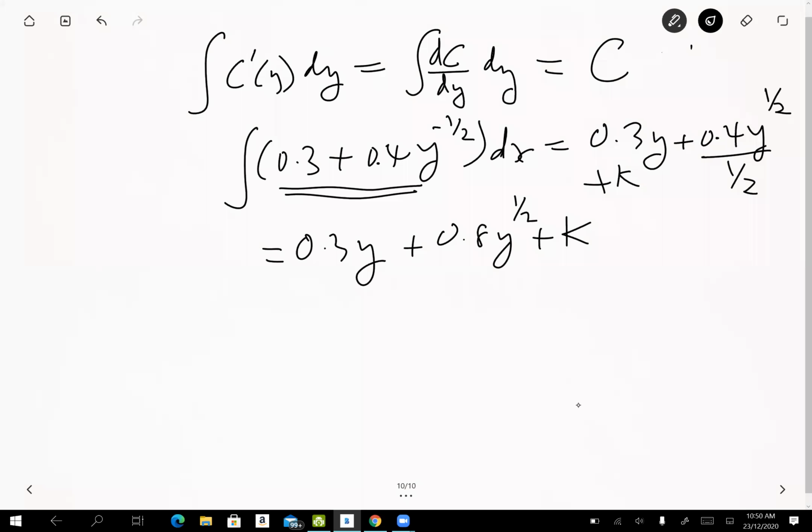Given the initial condition, you are given a point where when income is 0, the consumption is $6 trillion. So no income, consumption $6 trillion. You use that information to find the value of k.